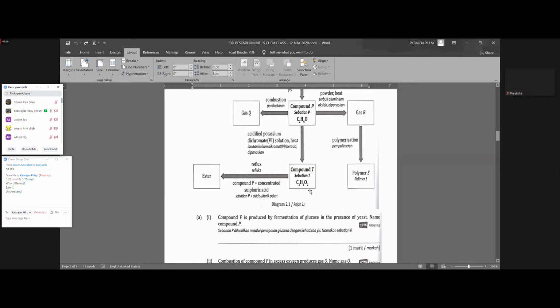What is the name of the ester? Try to think. Dongsin or Sandra, one of them try. Try to recollect. P is ethanol, T is ethanoic acid. So you combine these two, this sulfuric acid is the catalyst. Okay, you're going to get an ester. Sandra, want to try?